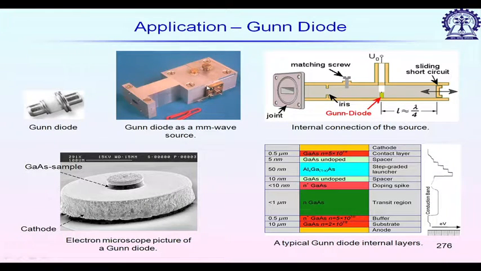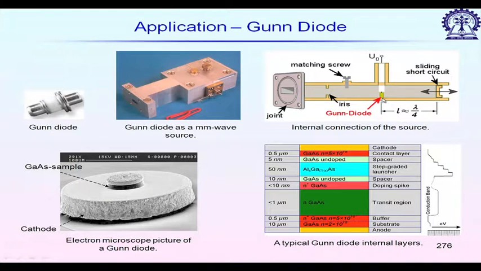Now, let us see how a Gunn diode is used as a millimeter wave source. It is very popular in laboratory experiment. It shows a waveguide based system, and here in the top right figure you can see a cutaway view of the waveguide source based on Gunn diode.